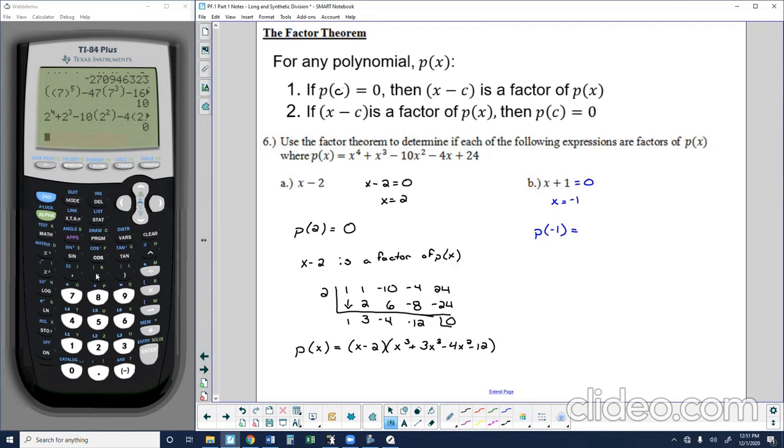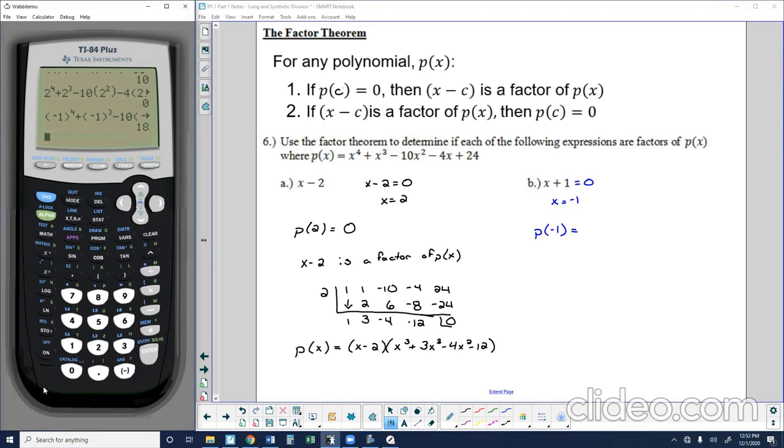I'm going to do negative 1 to the fourth power, then negative 1 to the third power, and negative 10 times negative 1 squared. Then minus 4 times negative 1, and then add 24.